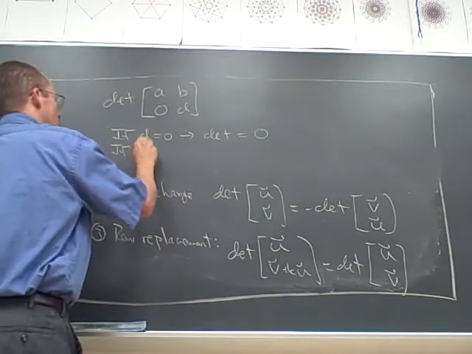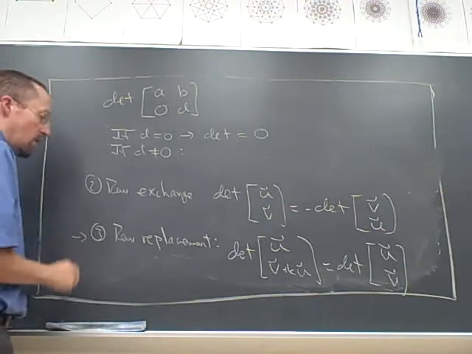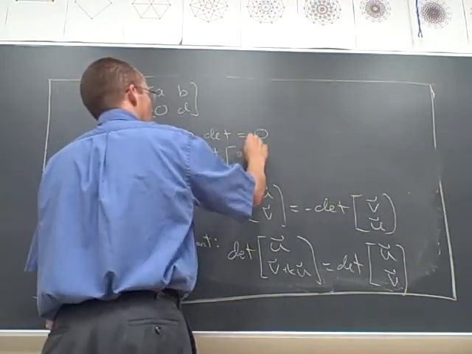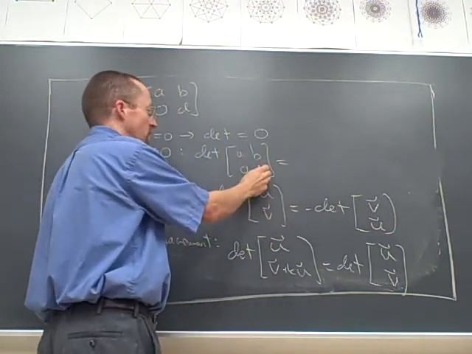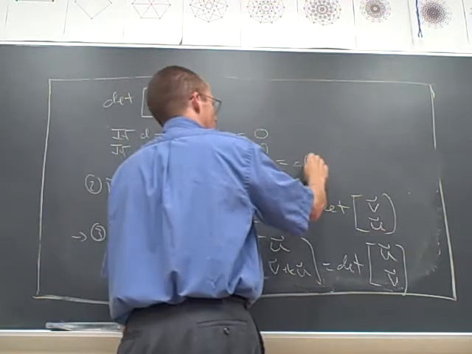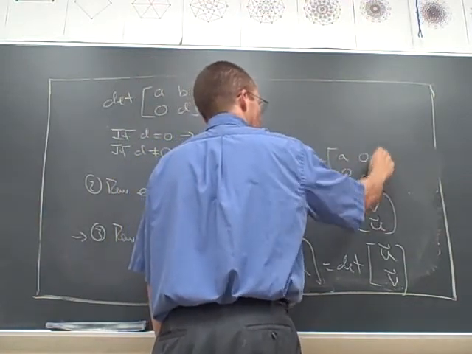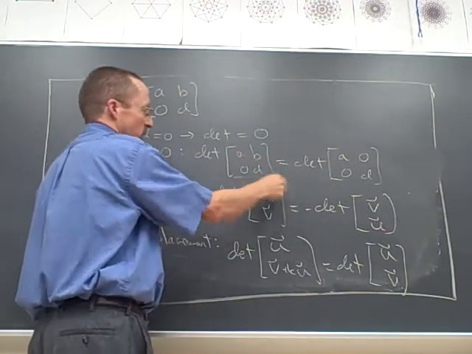If D is not equal to 0, let's use this. Then det of (A, B; 0, D): I can use this non-zero entry as a pivot and kill this one. It's adding minus b over d times the bottom row to the top row.